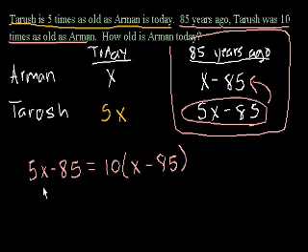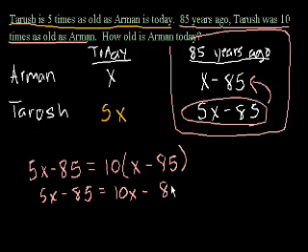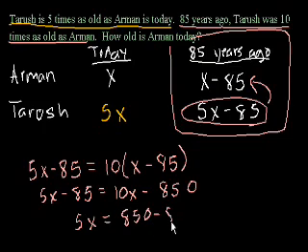Now we just solve the equation. You get 5x minus 85 is equal to 10x minus 850. And then, I'm going to skip some steps just to confuse you. 5x is equal to, well, I think I just confused myself. 5x is equal to 850 minus 85.